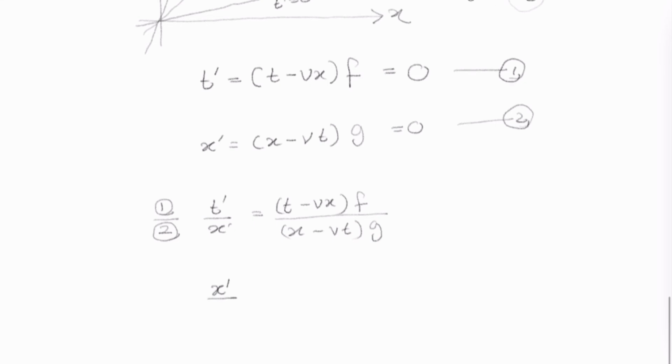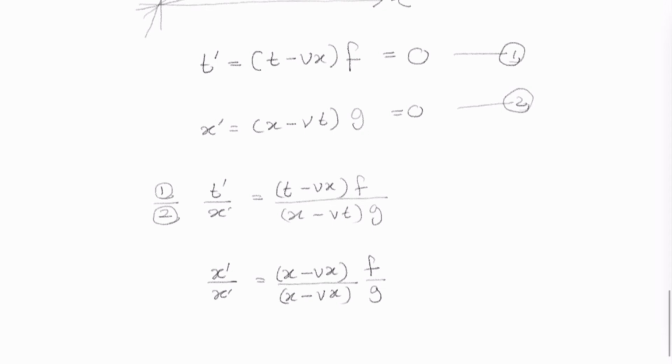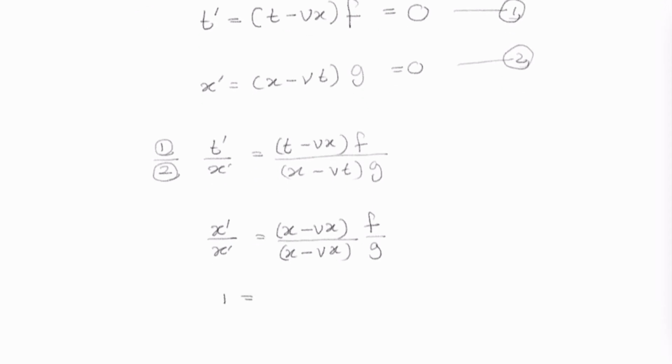So x bar divided by x bar equals x minus Vx times f divided by x minus Vx times g. So this shows f divided by g equals 1. In other words, f has to be equal to g.